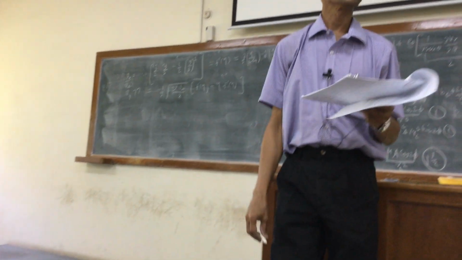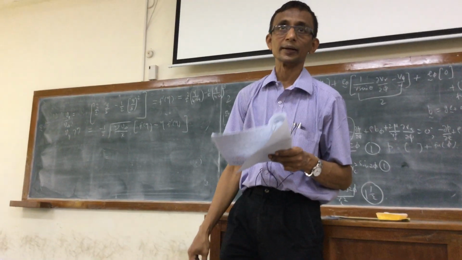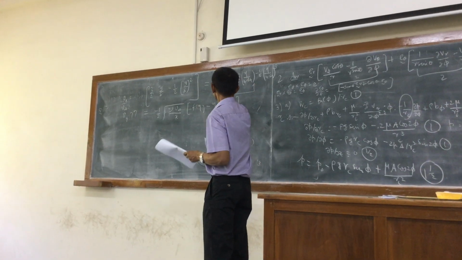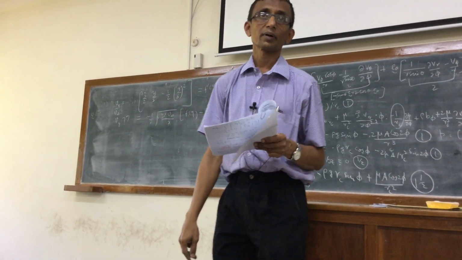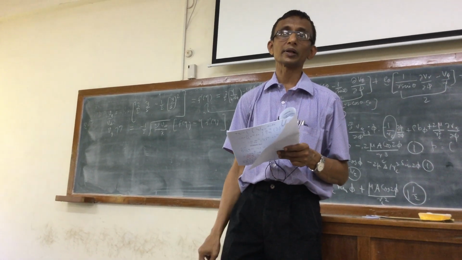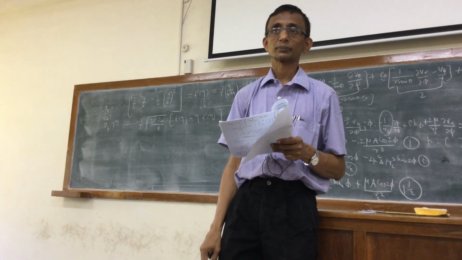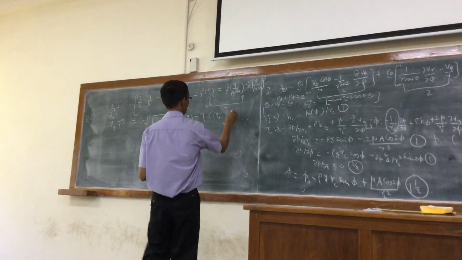So clearly, one way is to use this form and integrate it and find f of eta, but you get an integration constant. So how would you evaluate the integration constant? From this, it is very easy to integrate.